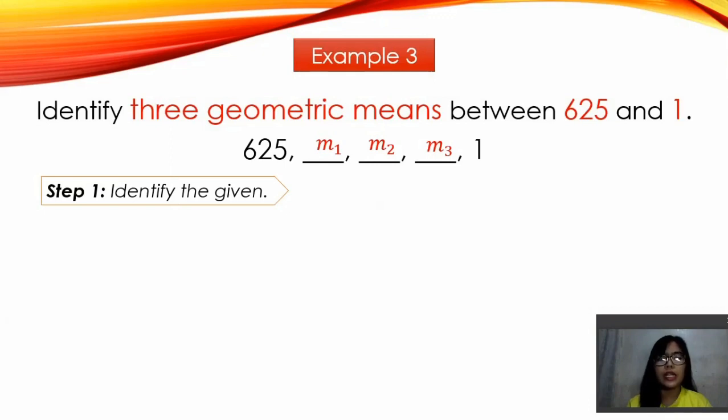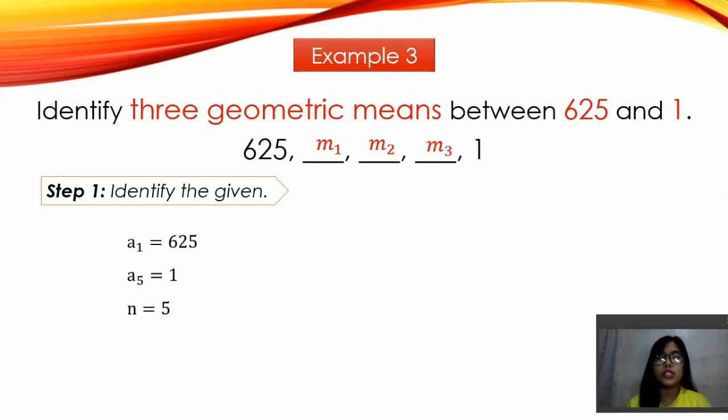We will first identify the given. So, what are the given in this sequence? First given here is the first term, or a sub 1, which is 625. Next given is 1, or the a sub 5. And of course, the number of terms, n, is equal to 5.